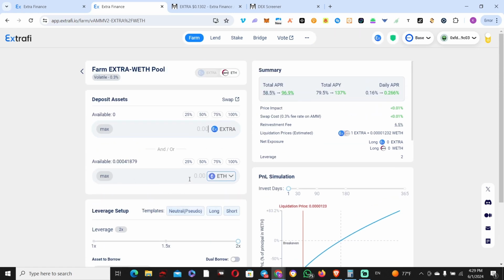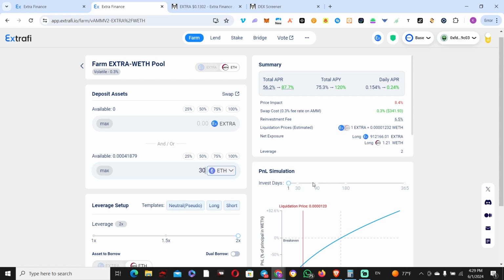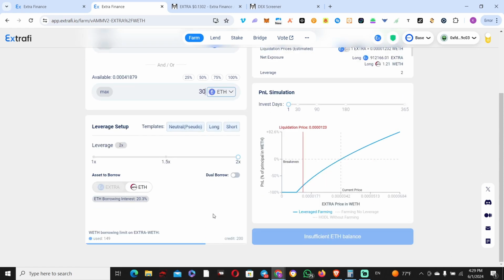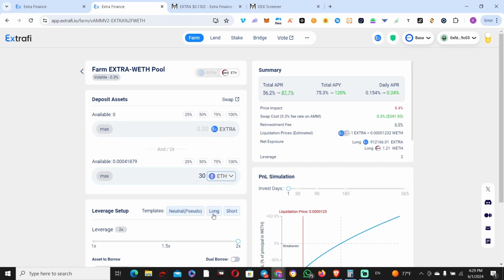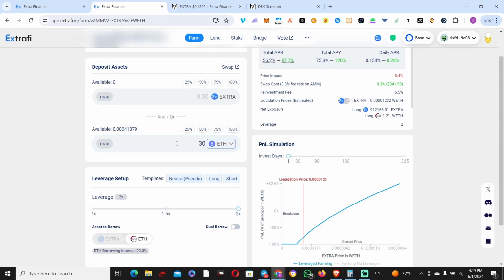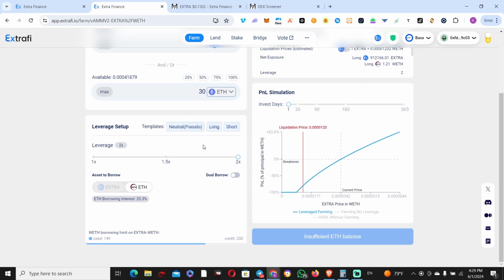So if I were to open a position at 30 ETH, it will internally borrow 60 ETH and open my position. That's the gist of it.